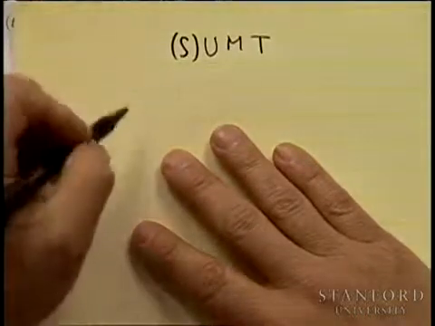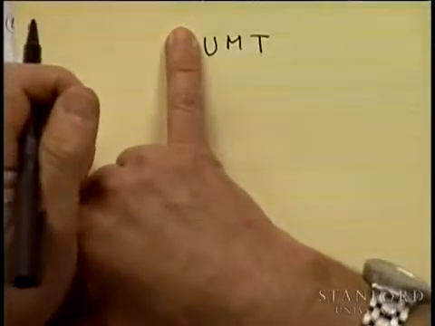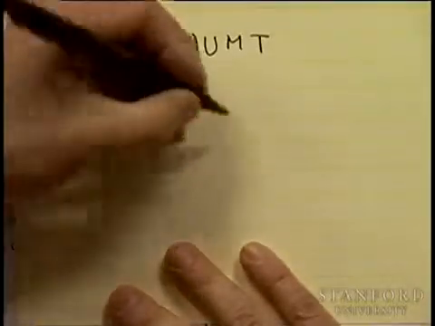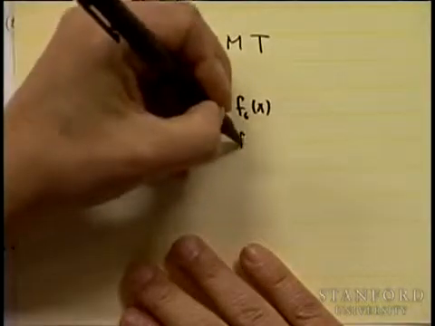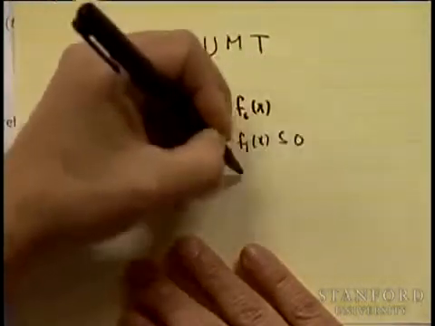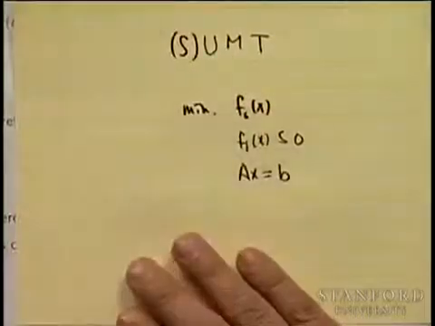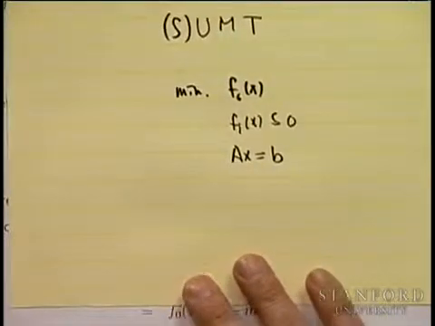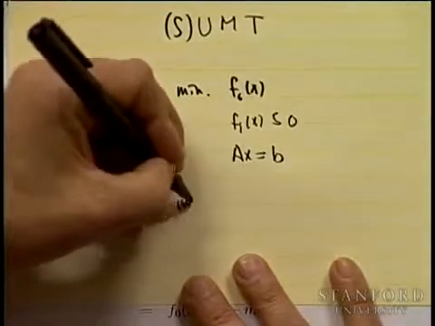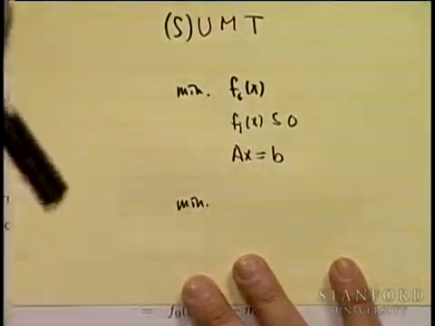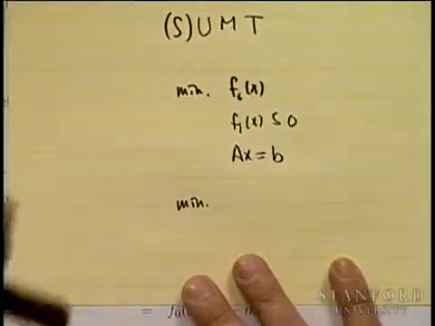So this is the unconstrained minimization technique, and it works like this. It's really dumb. Watch this. You want to solve this constrained problem. Minimize f0 of x subject to f_i of x less than 0 and Ax equal to b. The UMT method says this. Pick t and solve the following problem. I'm assuming here, by the way, you have a strictly feasible starting point. We'll talk about how to get one if you don't.